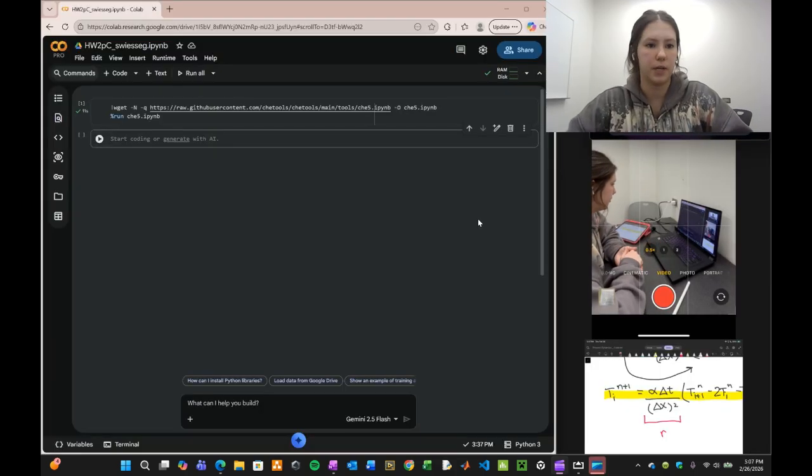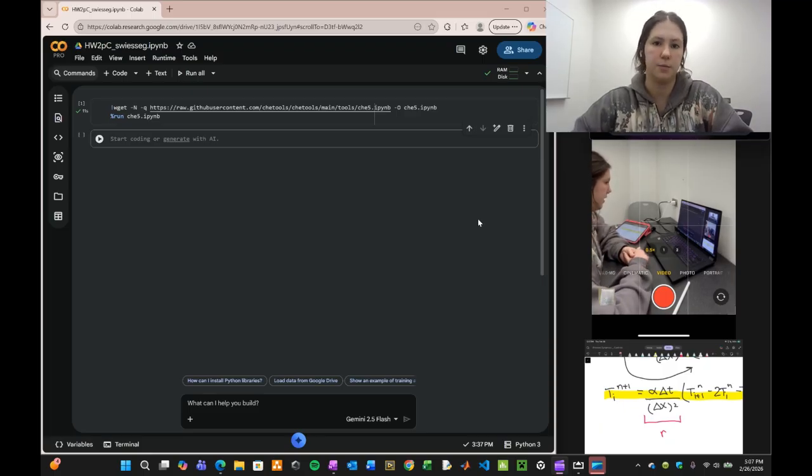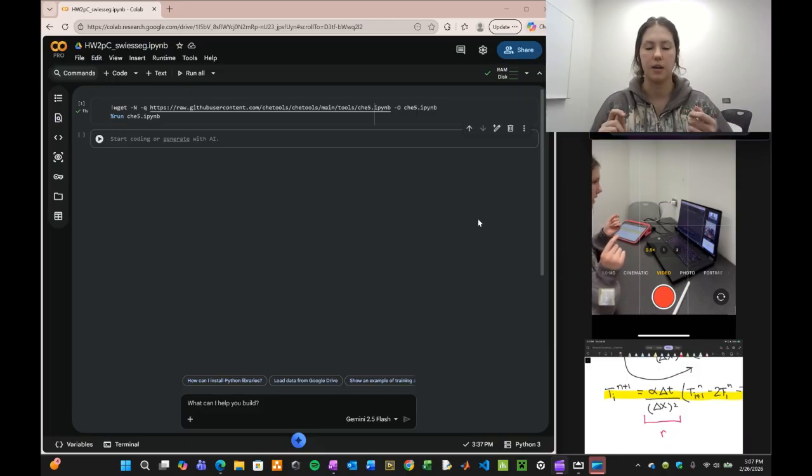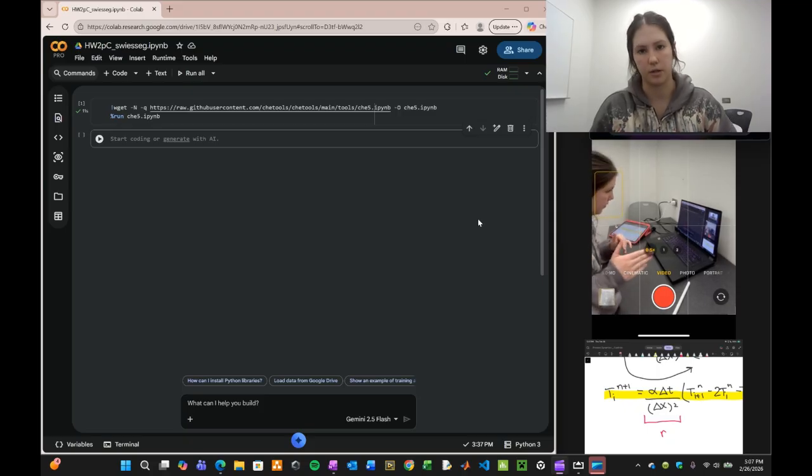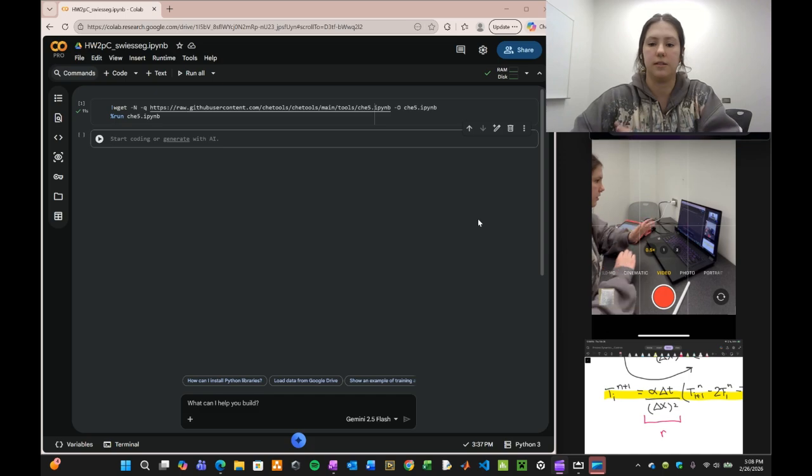So for part 3 of this problem, we are going to be simulating the time-dependent response of this bar when it is originally set at 20 degrees Celsius and we raise and maintain one end of the bar to 40 degrees Celsius and another end of the bar to 100 degrees Celsius. And we are going to be looking at different values of R and how that affects our system.